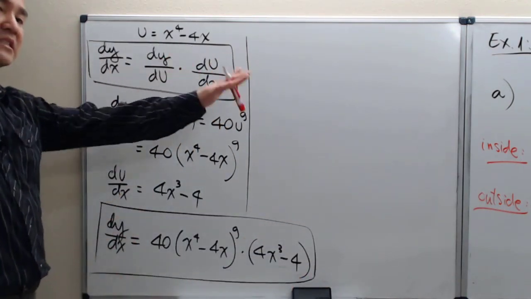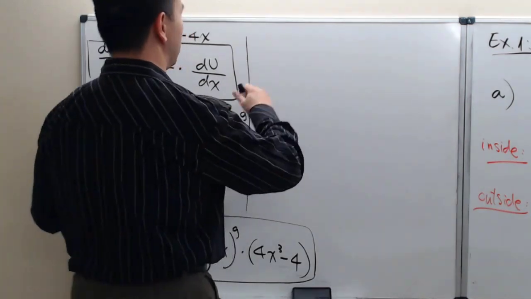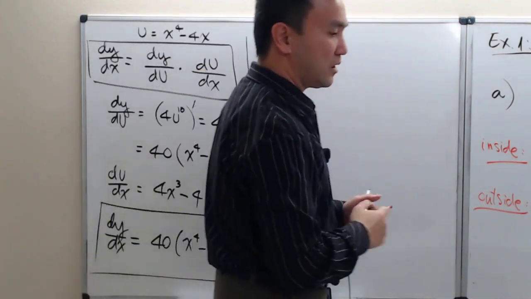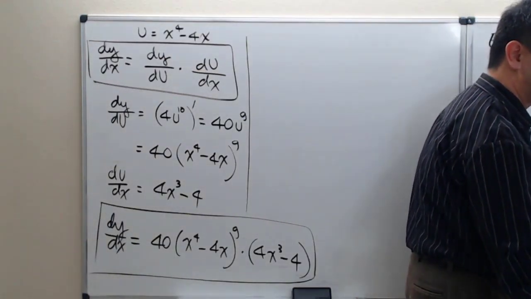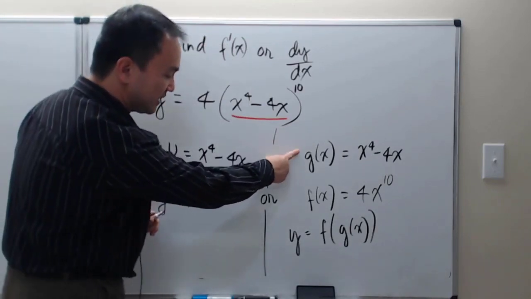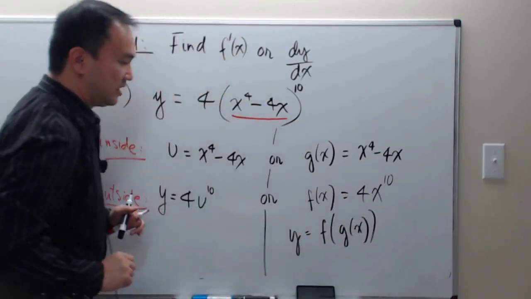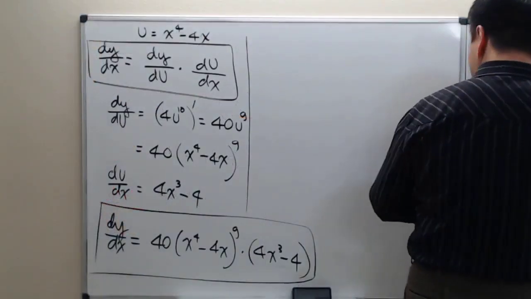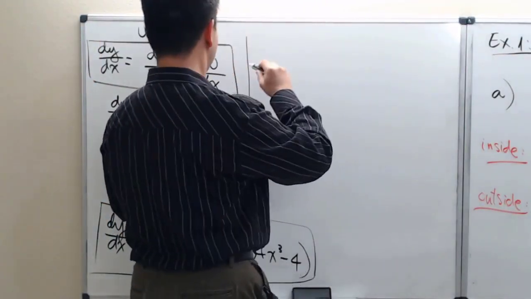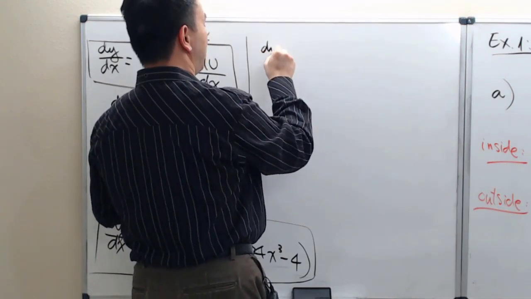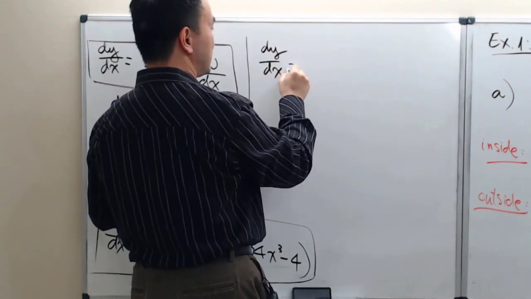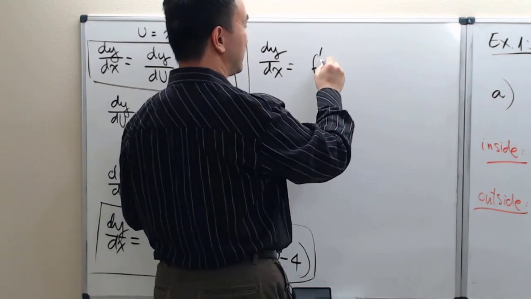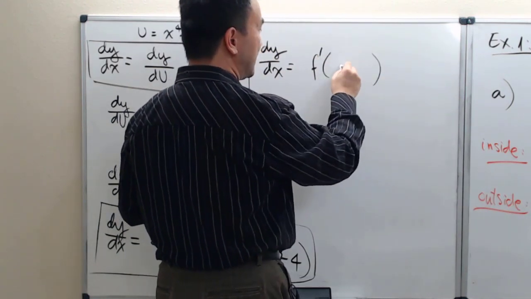And then in the other style, once again the inside was recognized as g of x here, and the outside is the 4x to the 10th function. And so in that way, finding dy dx, the formula said find the derivative of the outside function but keeping g inside.